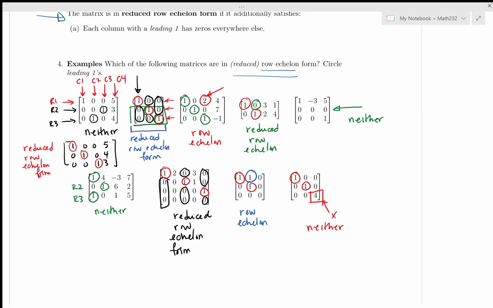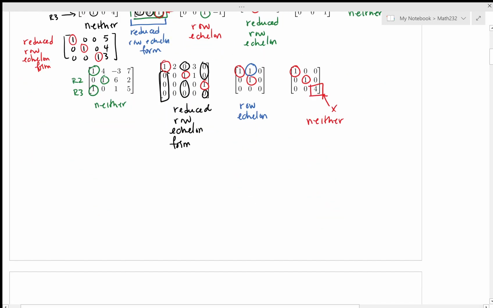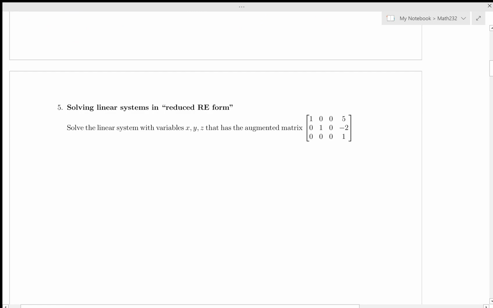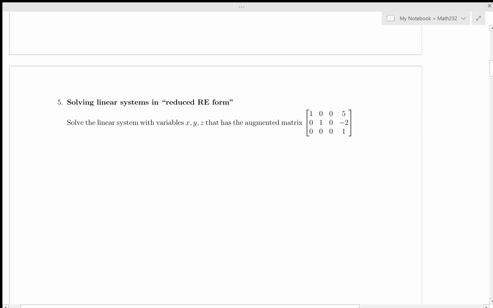Okay, so the good news is, if we've represented a system of linear equations, and we can put the matrix into reduced row echelon form, then we can immediately read off the solution to that system of linear equations.